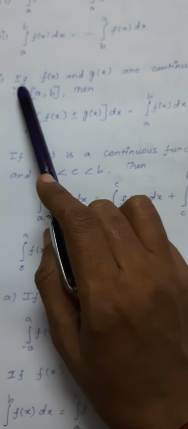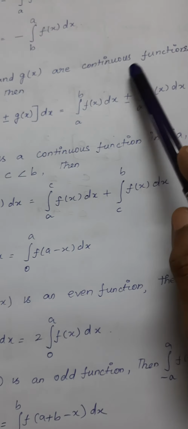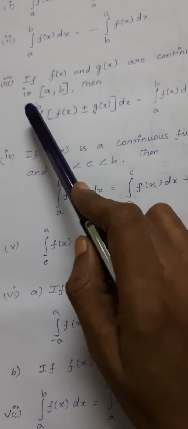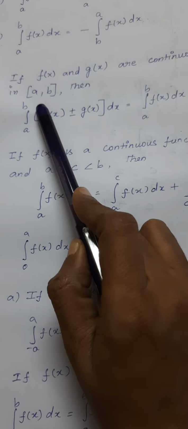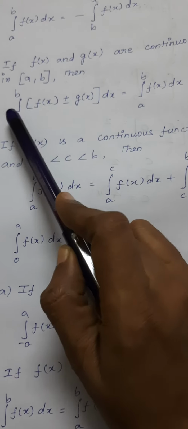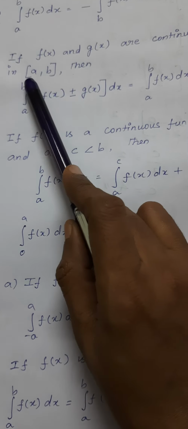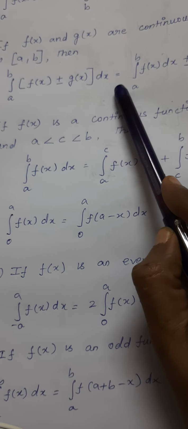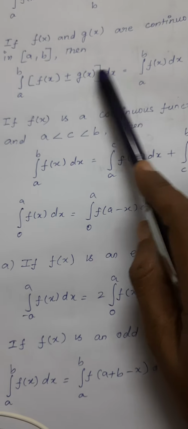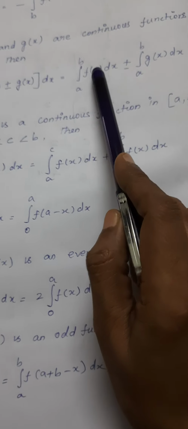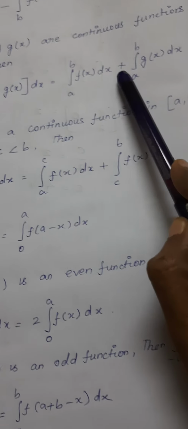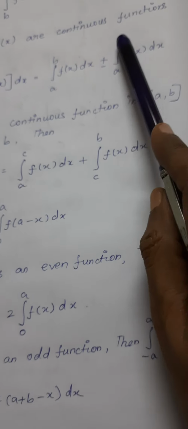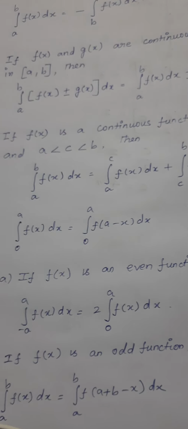And the third property is, if f of x and g of x are continuous functions in closed interval a, b, then integral a to b f of x plus or minus g of x dx is equal to, we are splitting it, integral a to b f of x dx plus or minus integral a to b g of x dx.